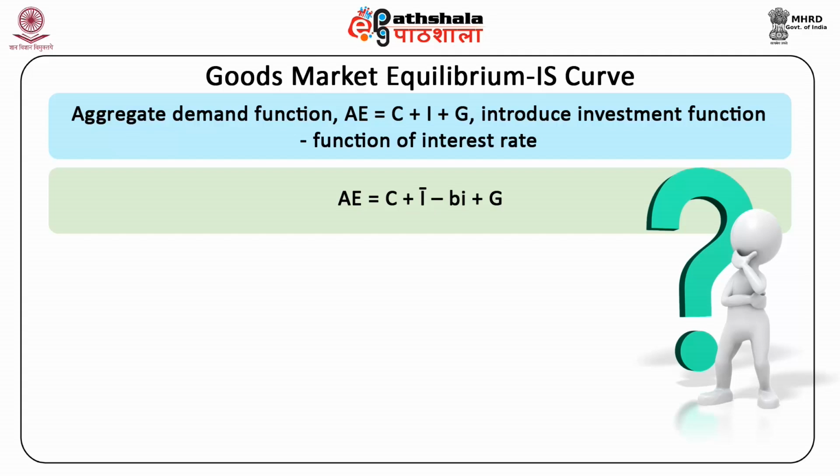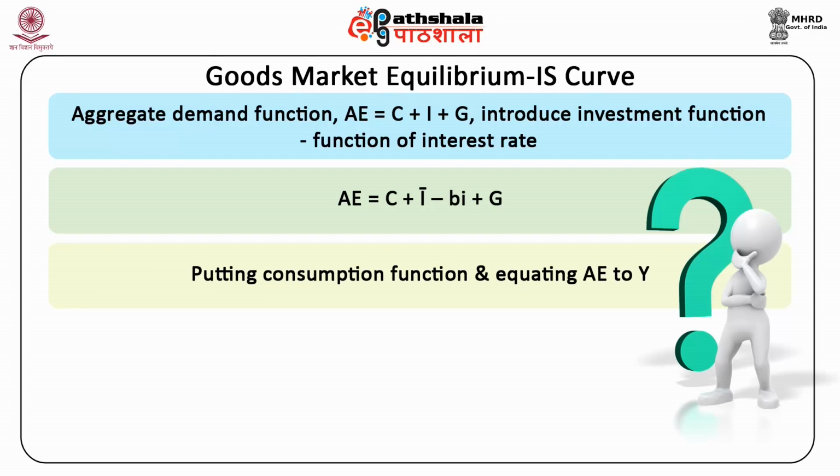AE = C + Ī - bi + G. Putting the consumption function and equating AE to Y, we get Y = (Ā - bi) / (1 - b(1 - t)).